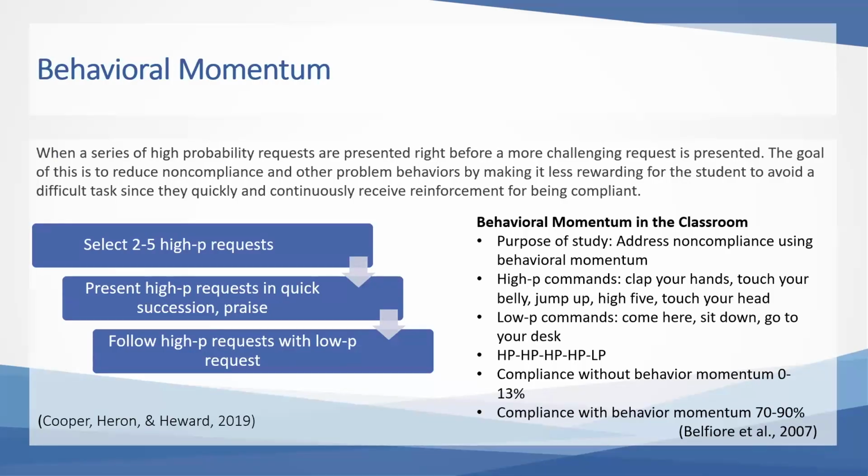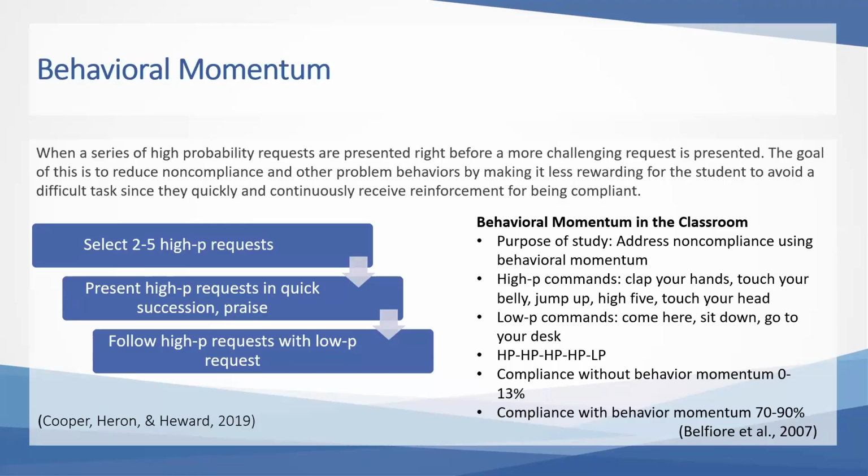So we've already talked about many ways to modify the environment to promote positive behavior, but now we're going to shift into strategies that involve how educators interact with students. One of these strategies is called behavioral momentum, and it might sound confusing at first, but it's actually really simple and powerful.